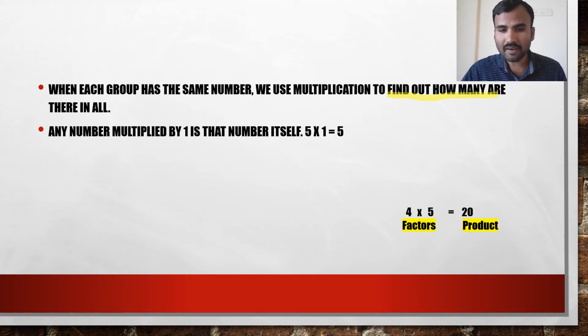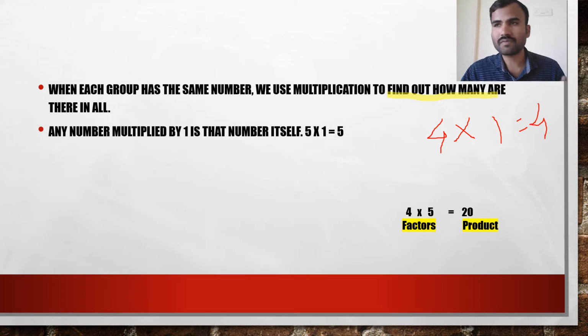For example, 4 into 1, you will get 4. 3 into 1, 3. 5 into 1, 5. In this way, you have to understand any number multiplied by 1 is that number itself.